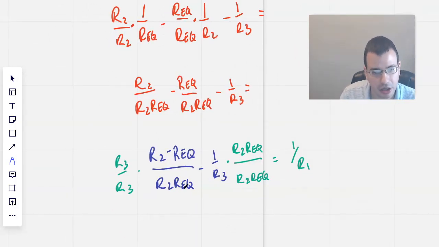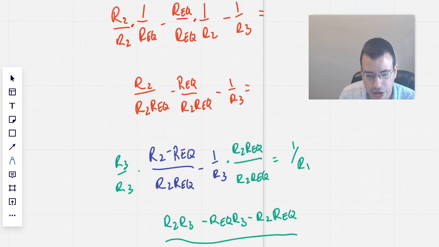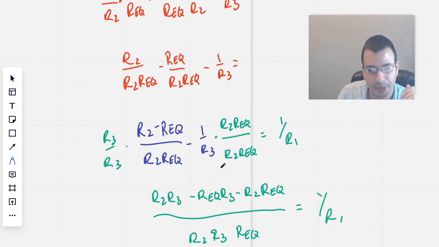So then, looking at this, we have R2 times R3 minus R equivalent times R3 minus R2 times R equivalent all over R2, R3, and R equivalent. I know my handwriting is terrible, but such is life. And this will equal 1 over R1. That's supposed to be a 1 up there.